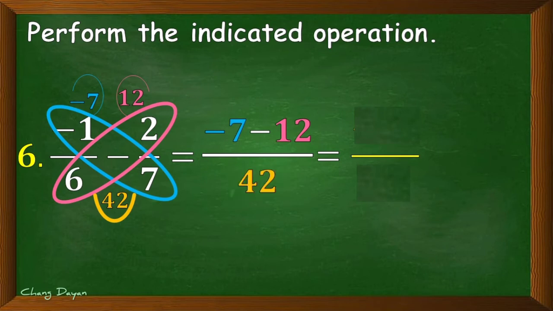Then, perform natin ang operations sa numerator. So, negative 7 minus 12 is the same with negative 7 plus negative 12. At ang sagot ay negative 19. Then, copy the denominator 42. Wala ng lowest term ang negative 19 over 42, kaya ito ang sagot.